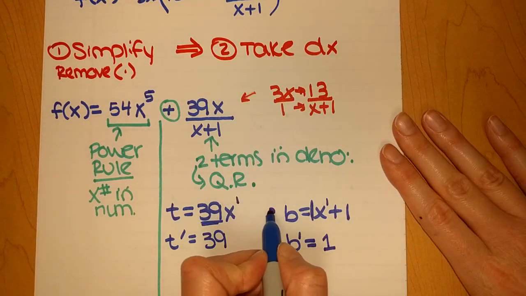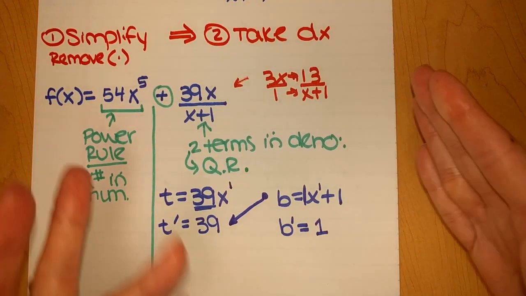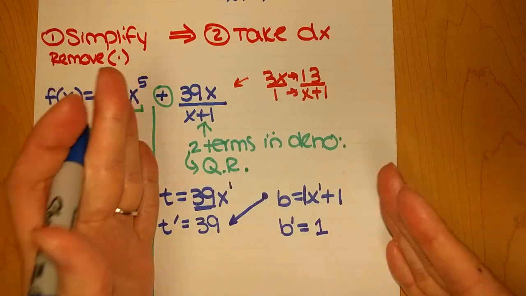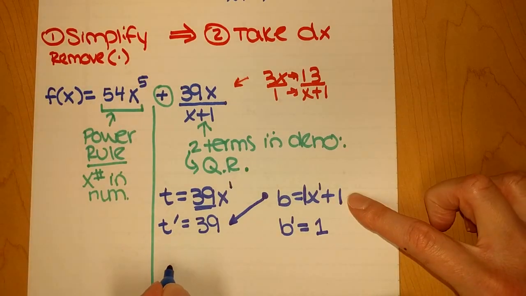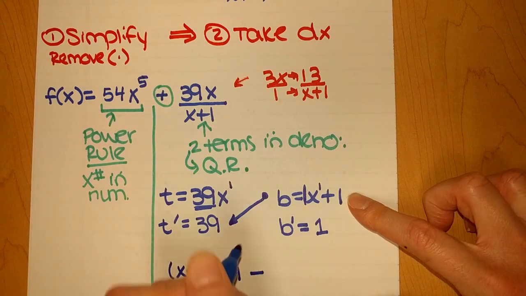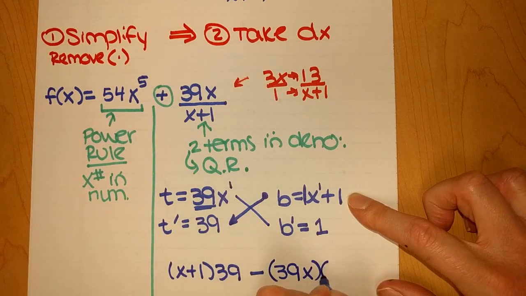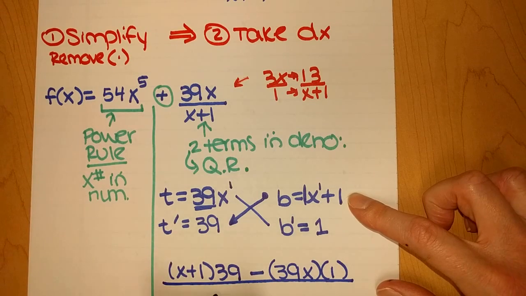So now we plug it into our quotient rule, starting with the bottom times the derivative of the top. So for the second term, we are going to have x plus 1 times 39 minus the top times the derivative of the bottom, all over the bottom squared.